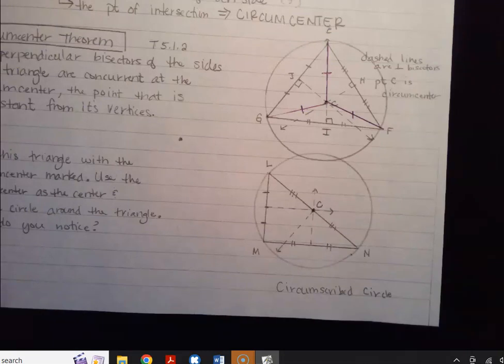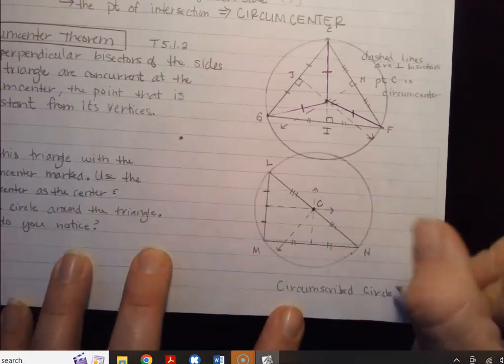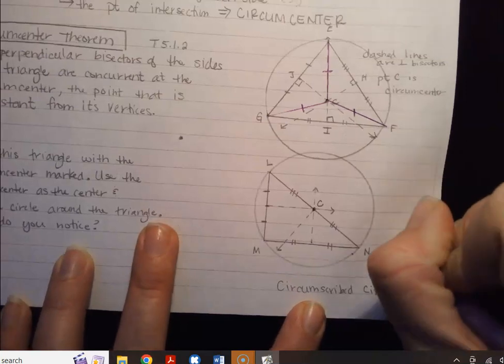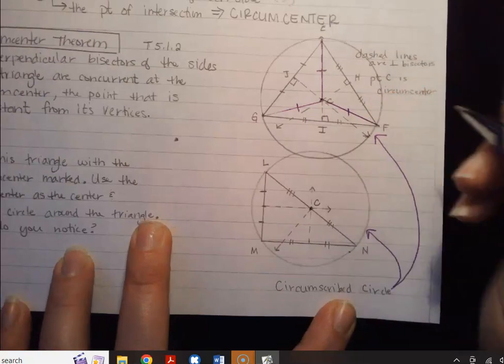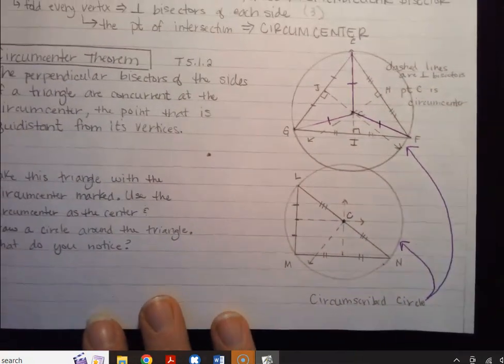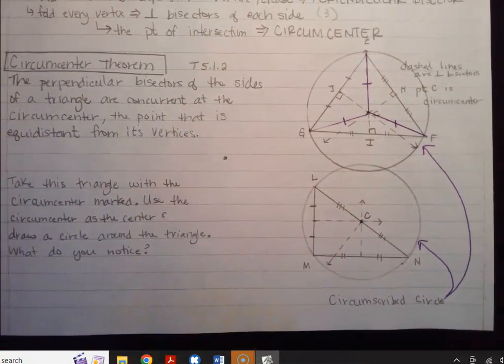Awesome. Okay, so then I want you to make an arrow, the circumscribed circle, point it to each of those. Because when we use that circumcenter as the center, we can make a circle that will touch all three of the vertices.